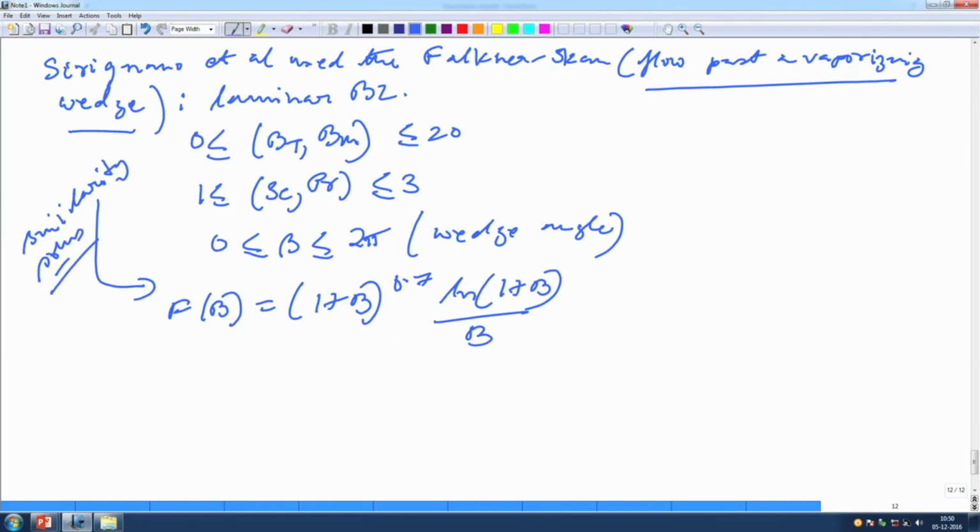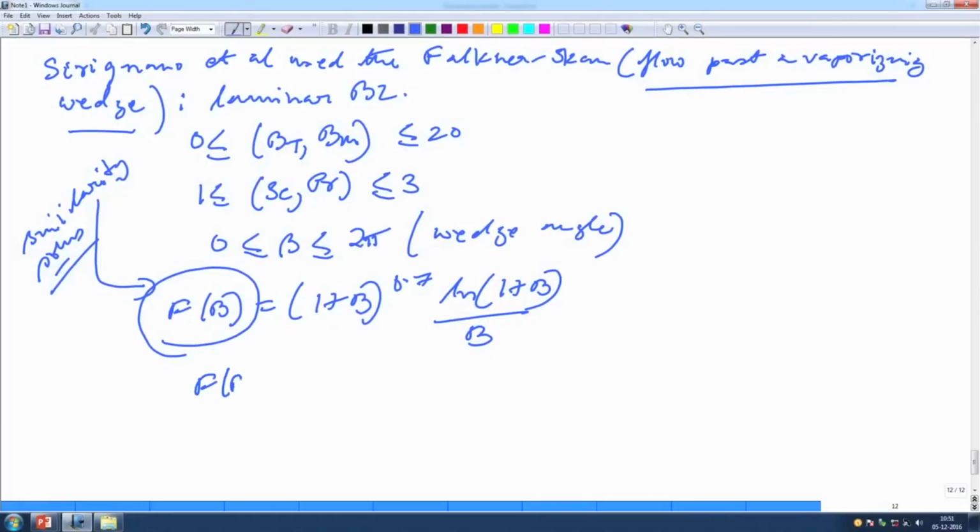There are some interesting exercises that people did. People studied the variation of this F(B) in the current context. They found that F(B) varies from 1 to 1.285 as B, which is the Spalding heat or mass transfer number, varies from 0 to 8.